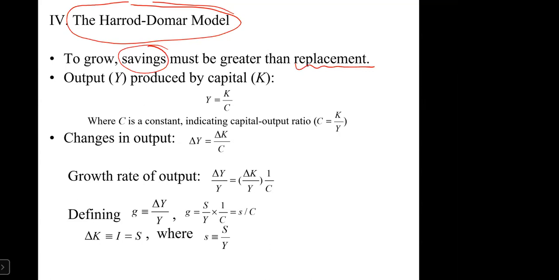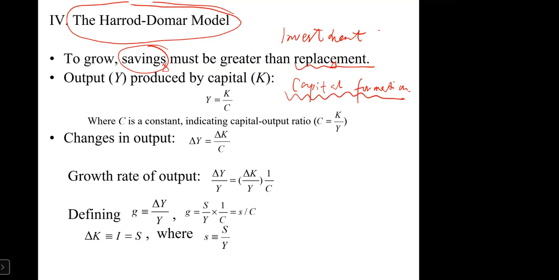Essentially this means we must have additional investment, or additional capital formation. This additional capital formation comes through saving that exceeds replacement. Replacement, you can think about it as depreciation.